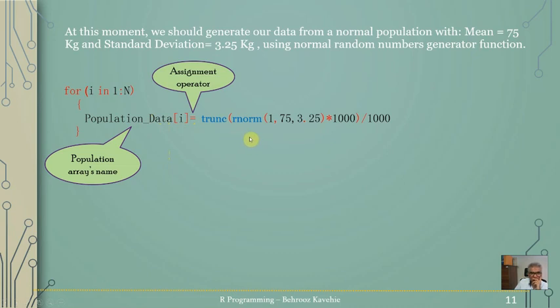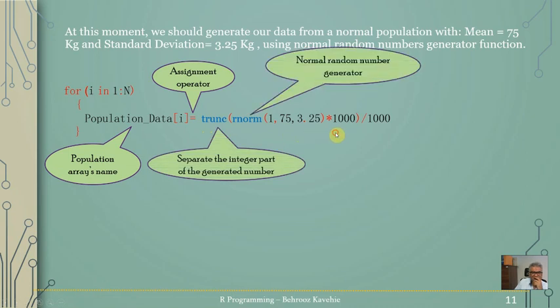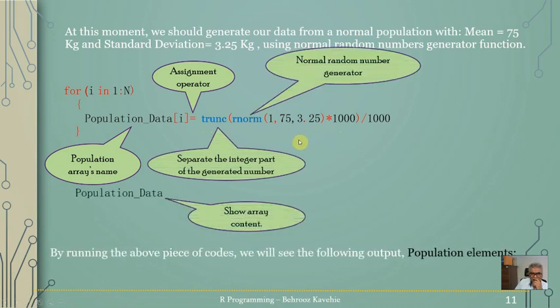It is going to first place 1, then 2, and when it reaches n plus 1, it stops and carries on to the next command. Alright, it starts with population data of i equal to 1.